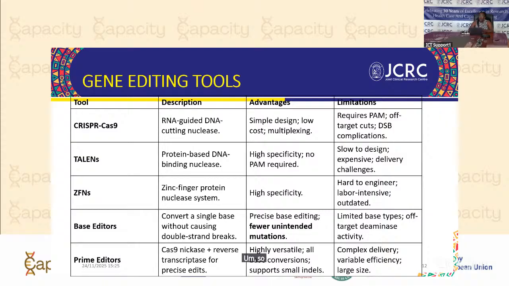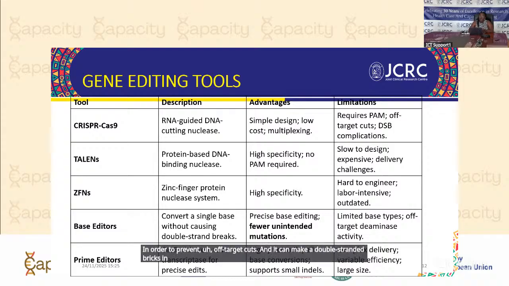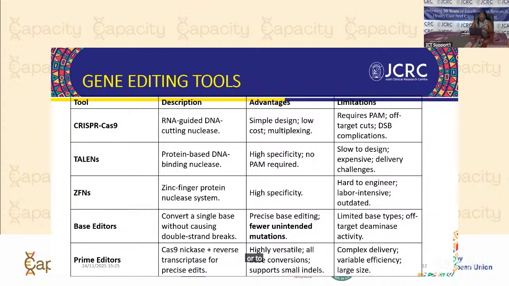So this requires that it recognizes a particular site in order to prevent off-target cuts. And it can make double-stranded breaks in the DNA, allowing you either to add or to remove a section of the gene. We also have what we call TALENs.